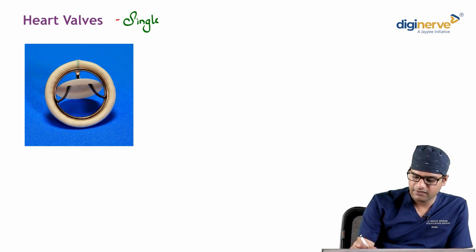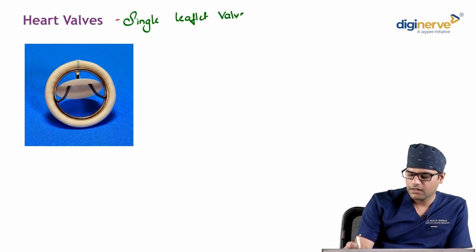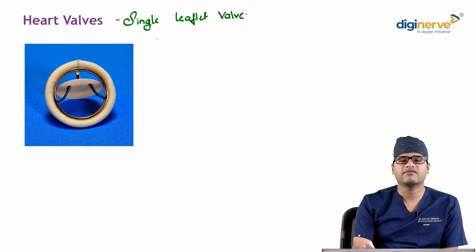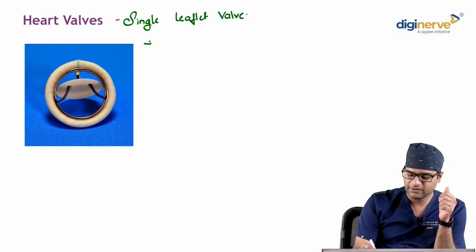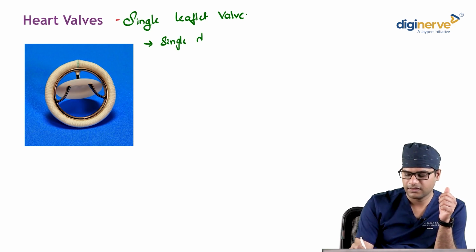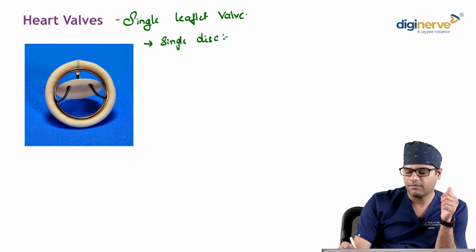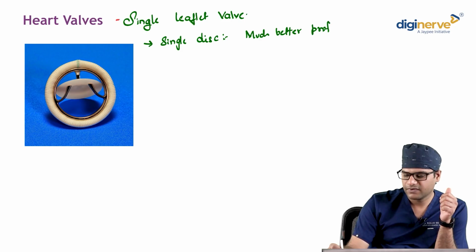Single leaflet valve. The advantage of single leaflet valves is that it is of a single disc, a much better profile compared to the previous older outdated ball and cage valve.